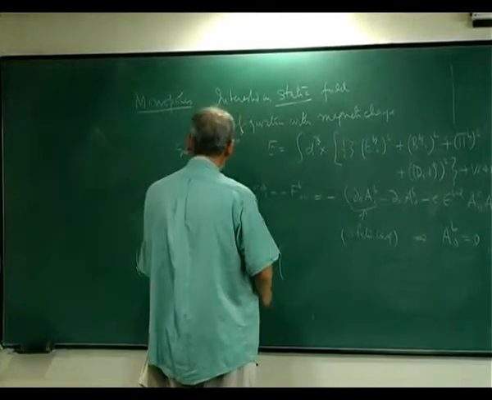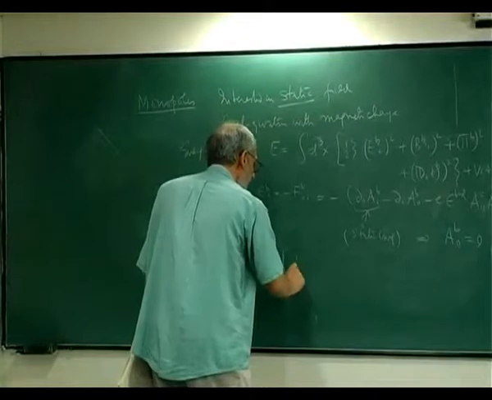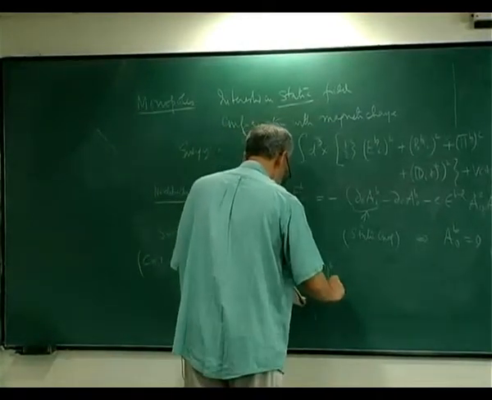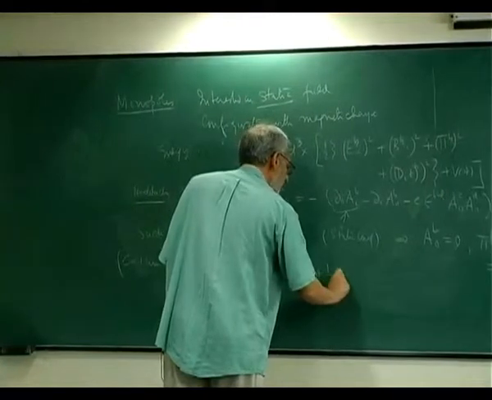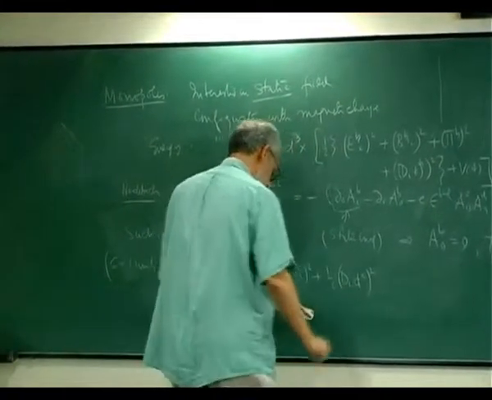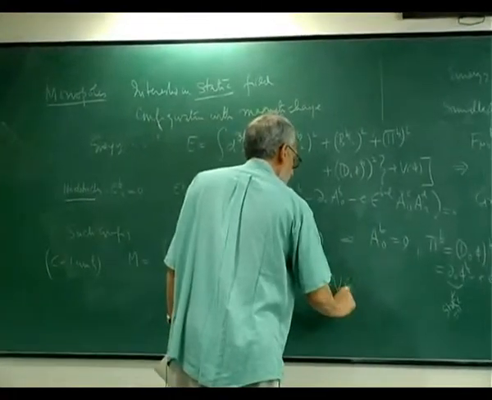Therefore, for such configurations, the mass would be given by half B_A squared plus half D_i phi_A squared plus the potential.